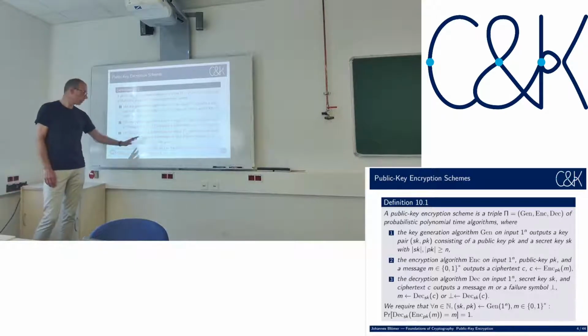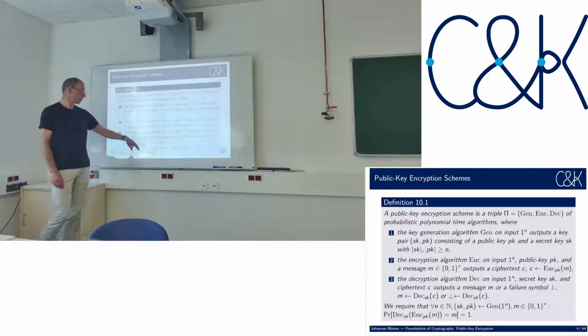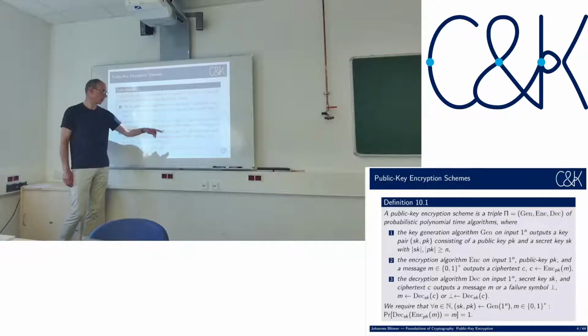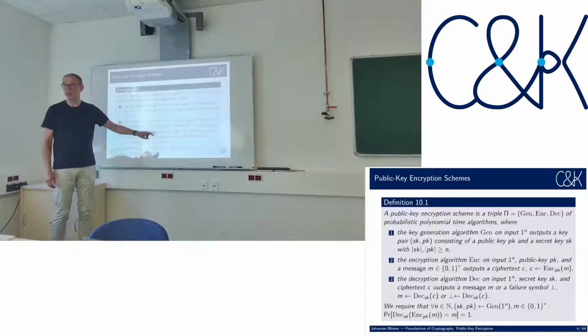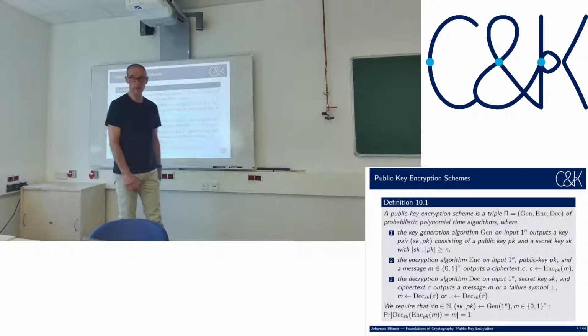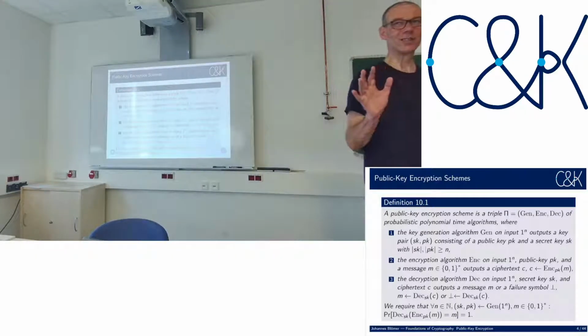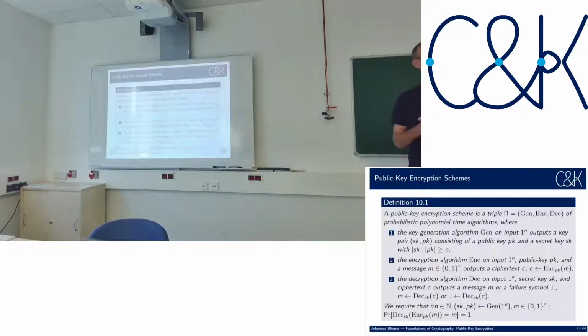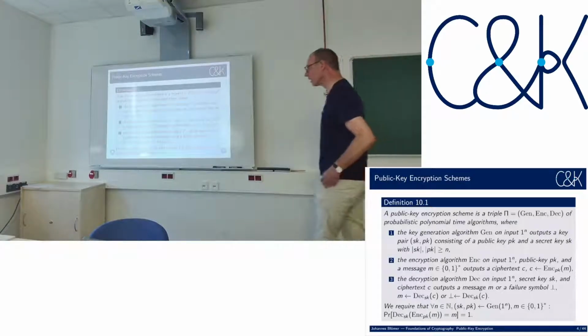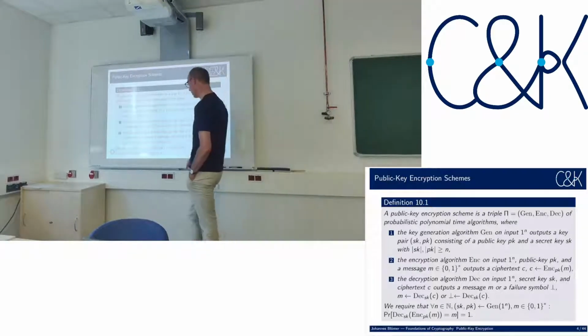And the probability is over all random choices: the random choices made in the key generation algorithm, in the encryption algorithm, and in the decryption algorithm. So this is not allowed to fail. No matter how you choose the secret and public key, no matter what kind of randomness you use in the encryption and in the decryption, at the end you must have this.